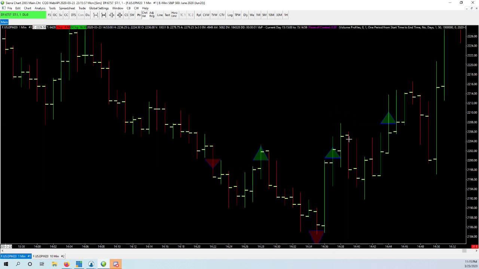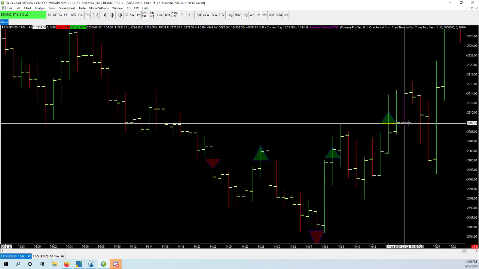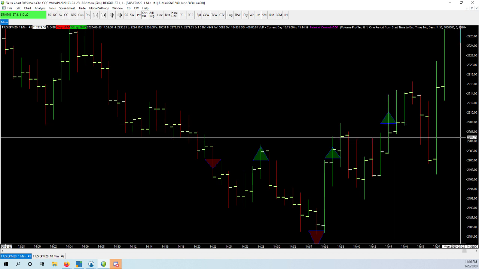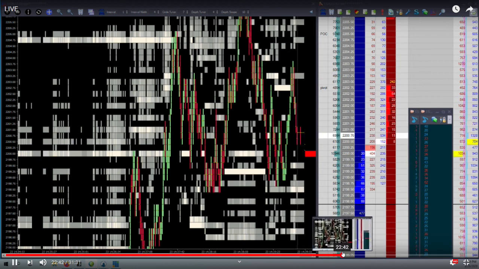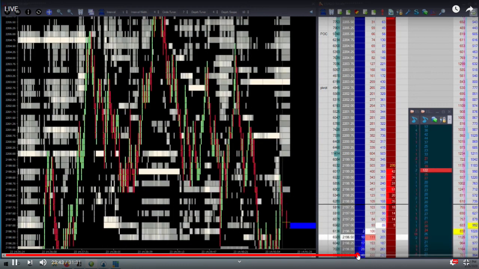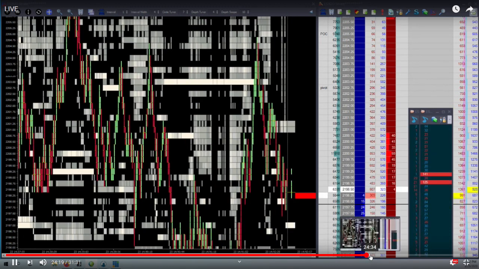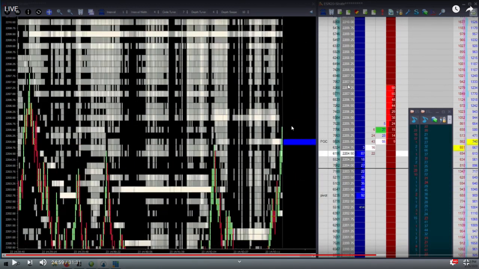2207.75. So again, solid pivot, come back, and the base of the arrow is what I'm looking to get in at, 244. That's 207.75, and you can't see the pivot on this DOM on this heat map, so that's why I have to look at a 1 minute. Again, 207.75.